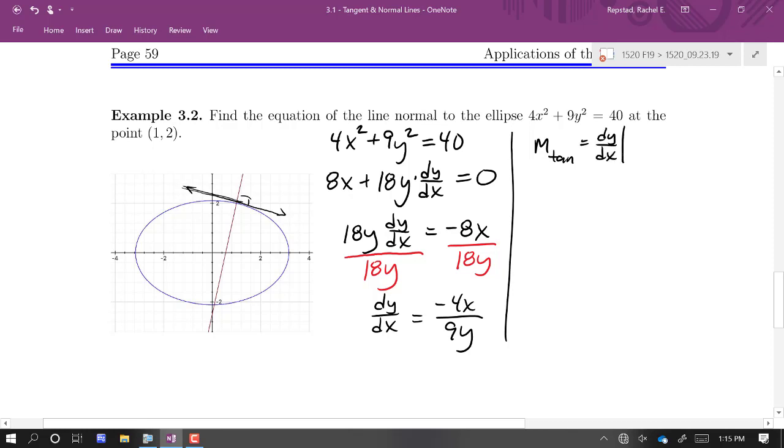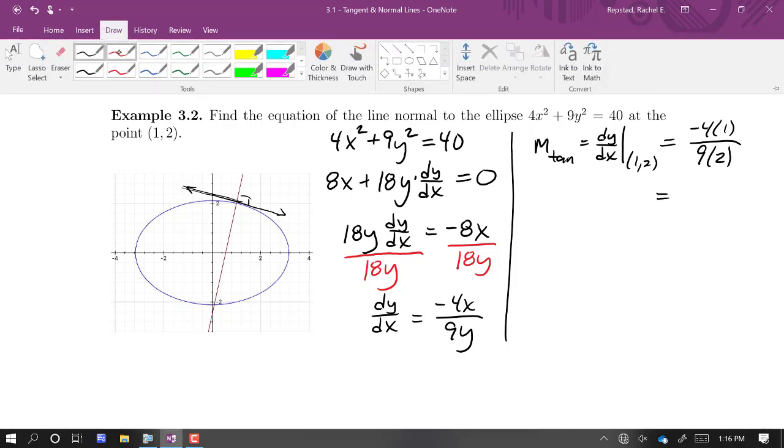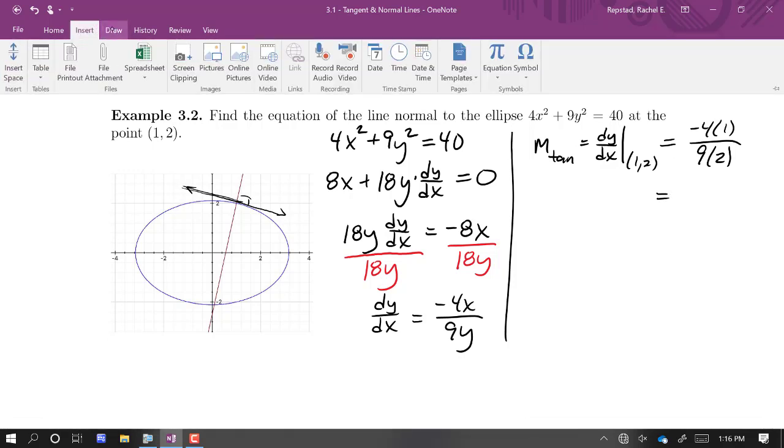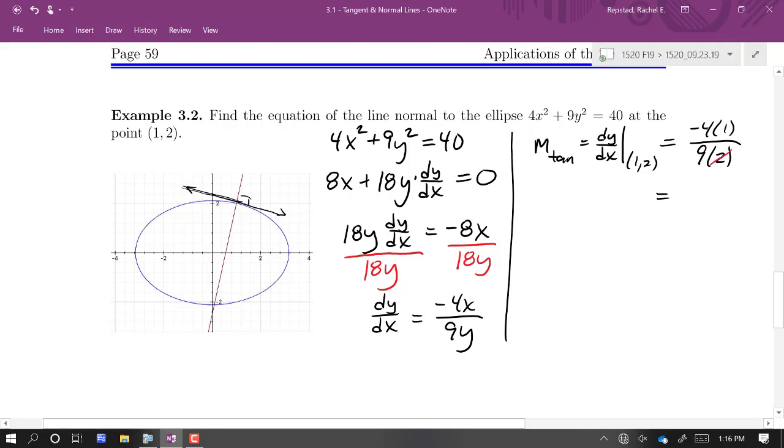Evaluate the derivative at the point 1, 2, and that's -4 times 1 over 9 times 2, which reduces to -2/9. So that's m tan, and what we want is the normal slope.